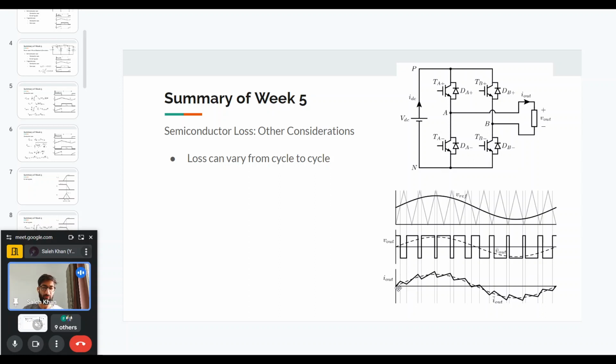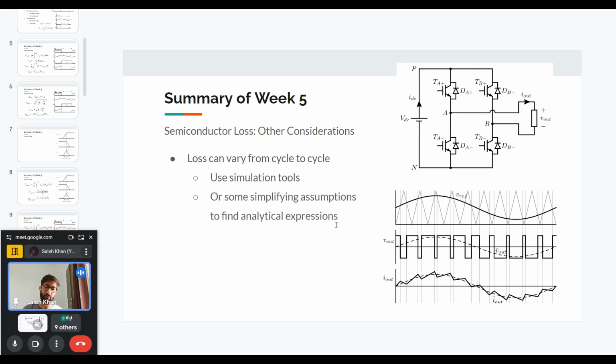That will lead to different switching losses in different intervals. So to find out the losses, we can use simulation tools like LTspice, where we select a device, and when we simulate it, the simulation software will find the losses for us. Or we can also use some simplifying assumptions.